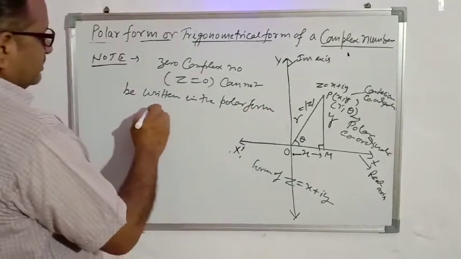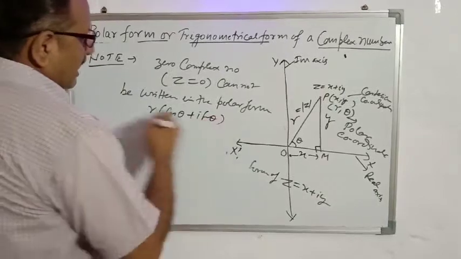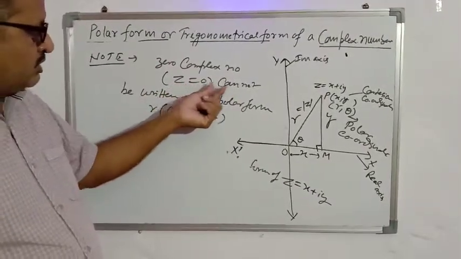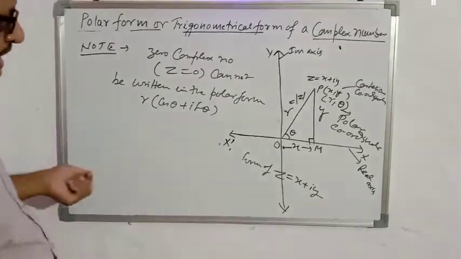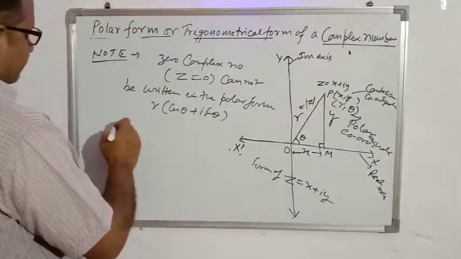Polar form means r (cos theta plus i sin theta). The complex number z equal to 0 cannot be written in the form of r cos theta plus i sin theta. So that's why we have to take a non-zero complex number.